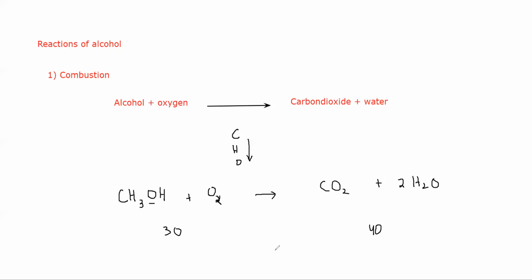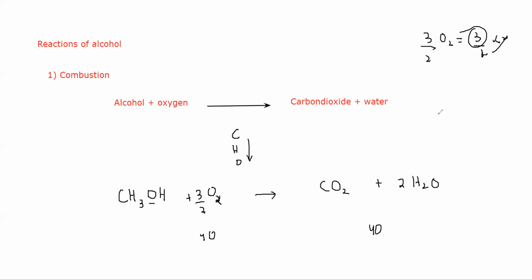I need 3 extra to make it 4. So I will write 3 by 2. Because 3 by 2 O2 means 3 divided by 2 multiplied by 2, so that's equal to 3 only. So 3 oxygen here and 1 oxygen here. It will make 4 oxygen. So this equation is balanced in terms of hydrogen, oxygen, and carbon.